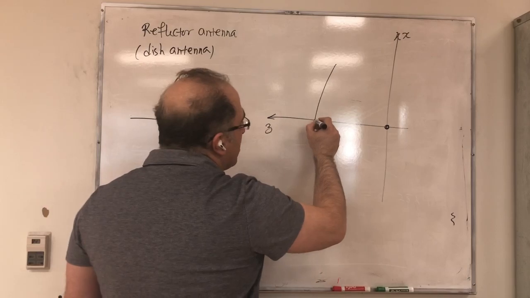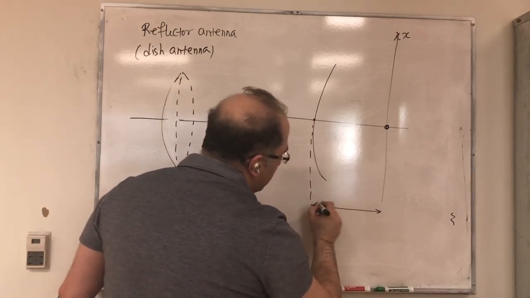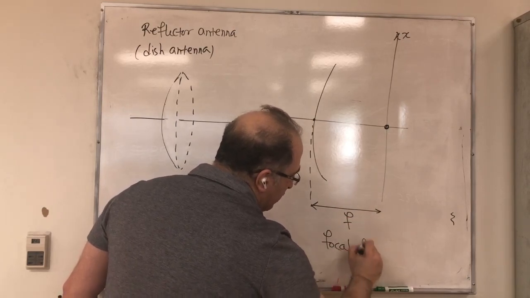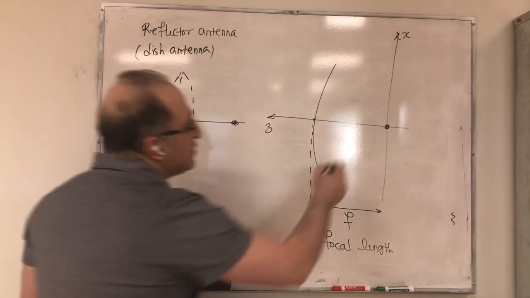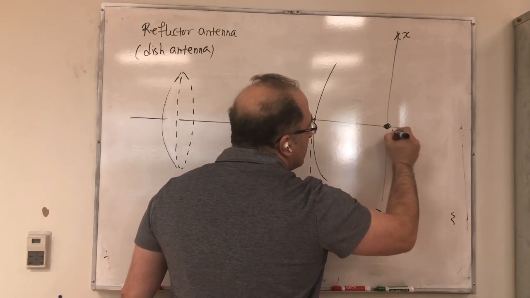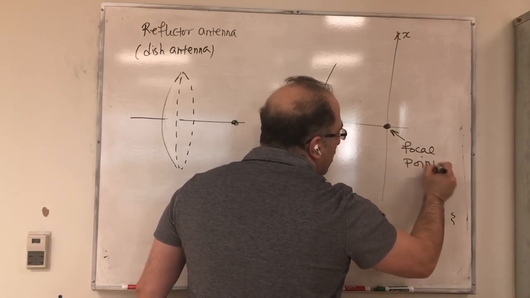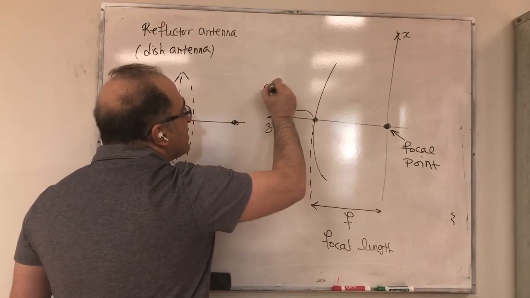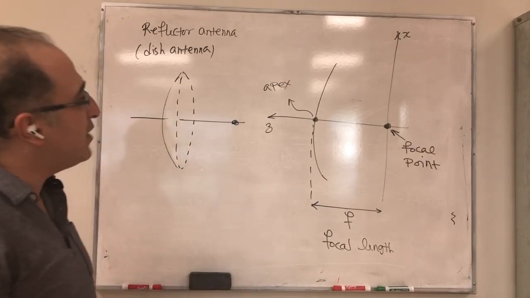The length from here to the origin is called the focal length. So this is my focal length, and that's one parameter that I have. This is my focal point. And this point here is called the apex of the reflector.